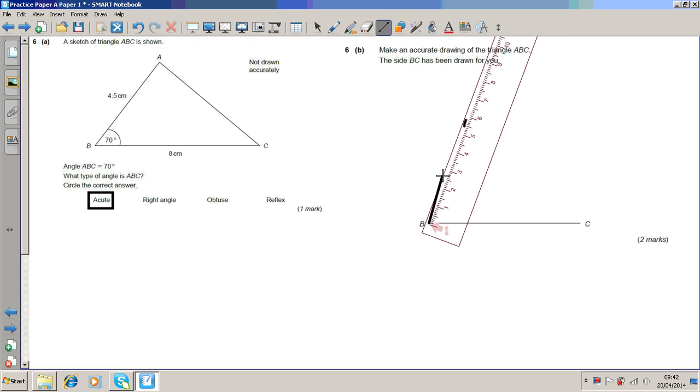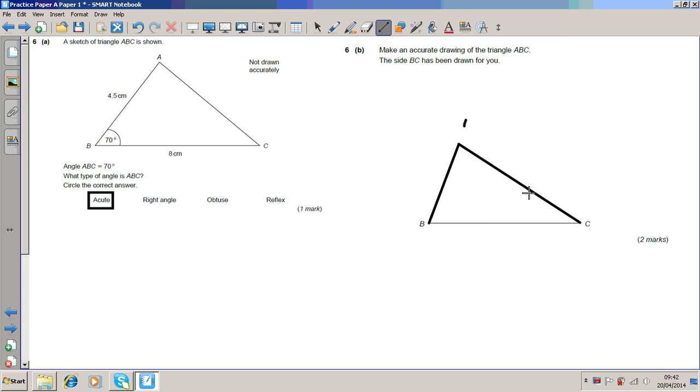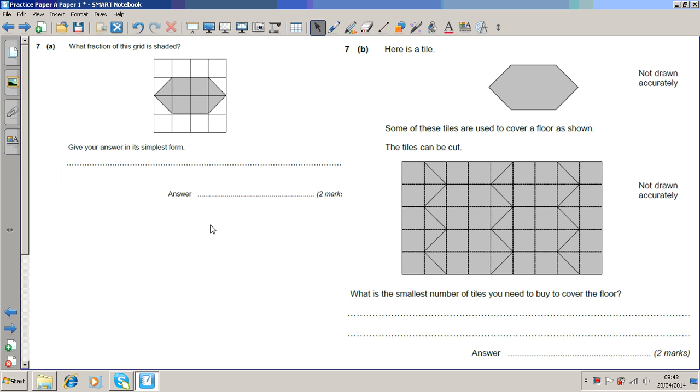So for me, that's going to go from there to there. Ruler can go, and then to finish off, I'm going to go down to there. Excellent.